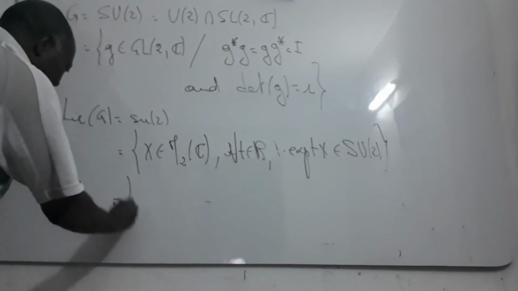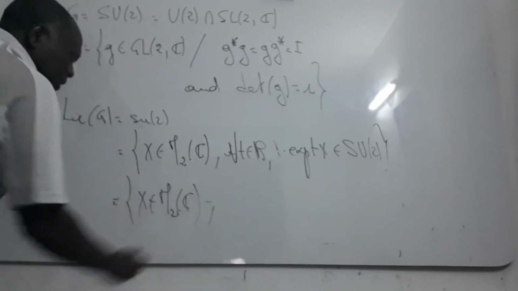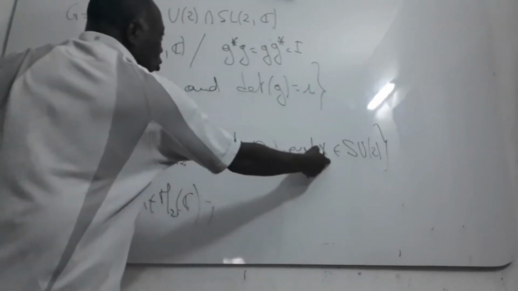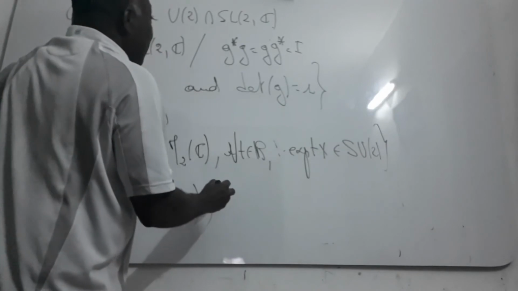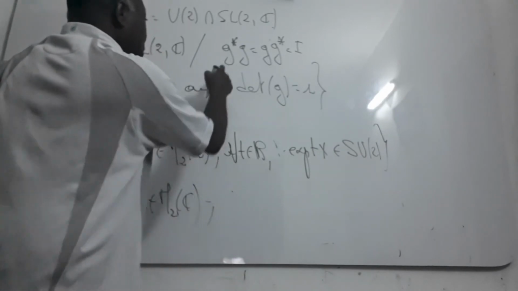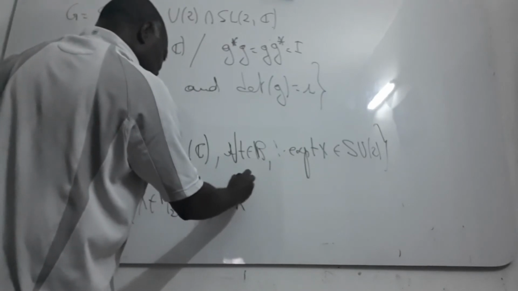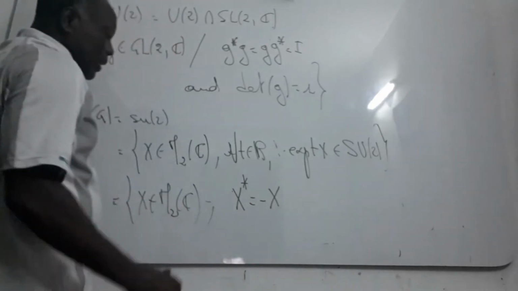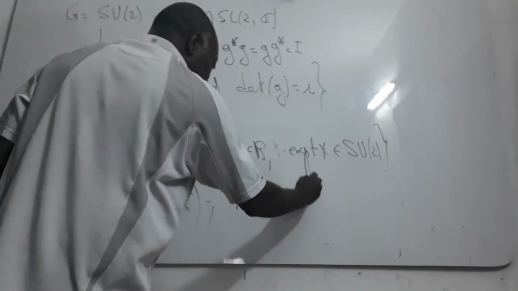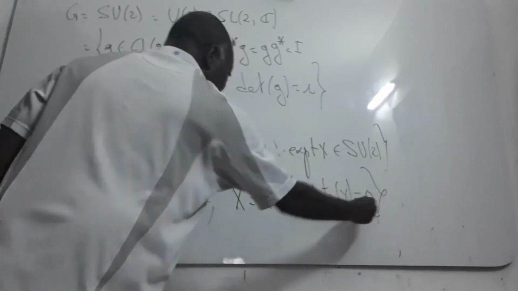Then this will contain the matrices of M2(C) such that, since it is in the group, we have this solution. That means that the adjoint of X will be equal to minus X, and the trace of X is equal to 0.